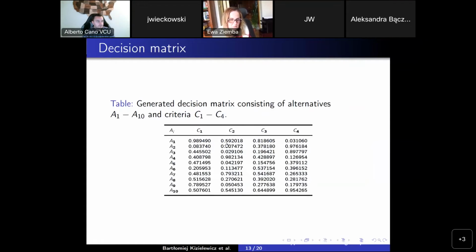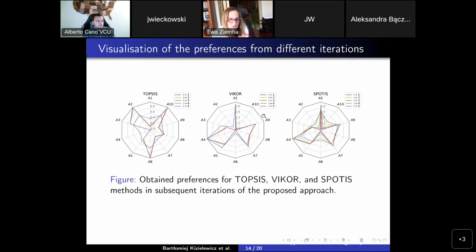Here is presented the initial decision matrix, and as you can see, the data vary between 0 and 1, and there is a visualization of subsequent rankings obtained by different methods.